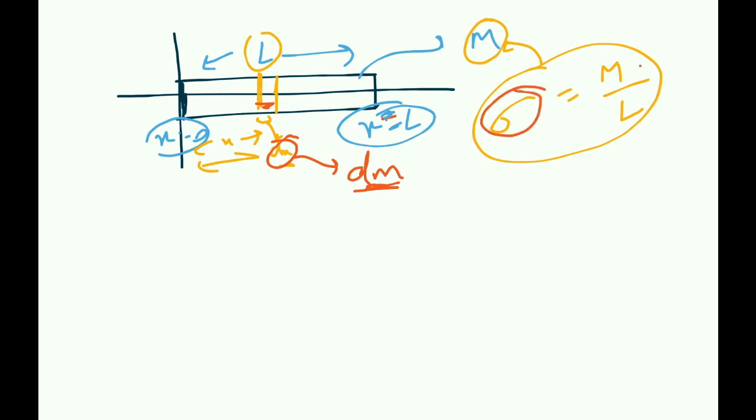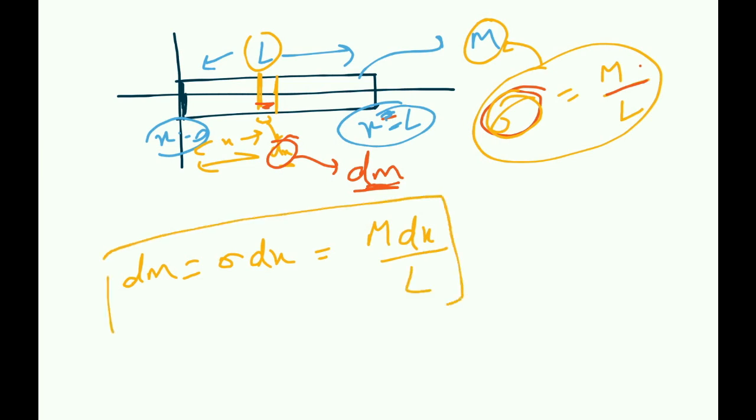Linear density is mass by length, so what's the mass going to be? So we already know it's dm, so the LHS of the equation is going to be dm, equal to, and I'm going to relate it with linear density, which is linear density into length. What's the length we've taken? dx. So that's it, and it's going to be m dx by L. So this is going to be our small mass.